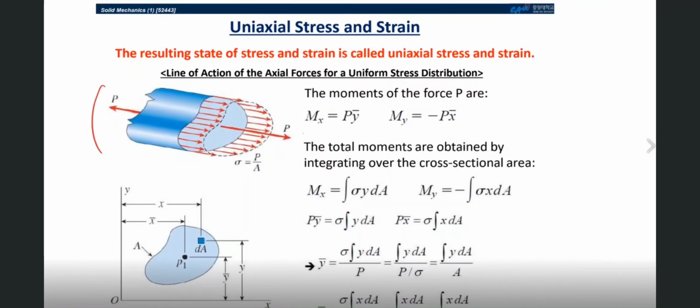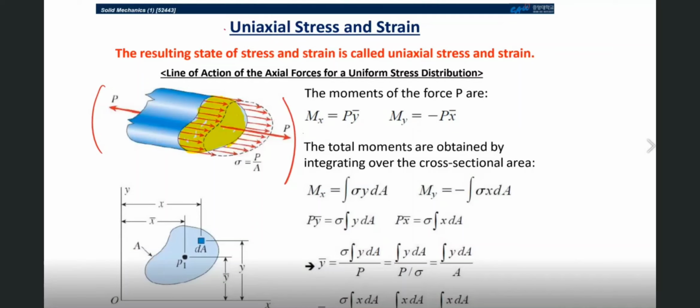As you can see in this figure, okay? For a prismatic bar, the rods extrude the centroid of the cross section. So this is the cross section area, right? Again, the rods extrude the centroid of the cross sections, and the material should be homogeneous.